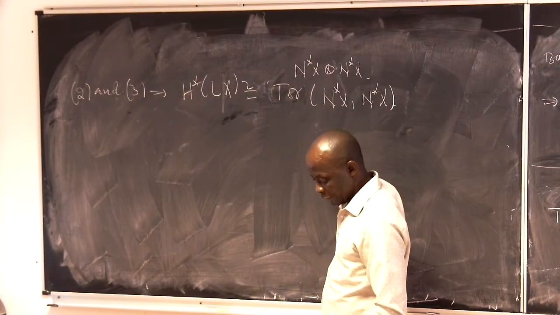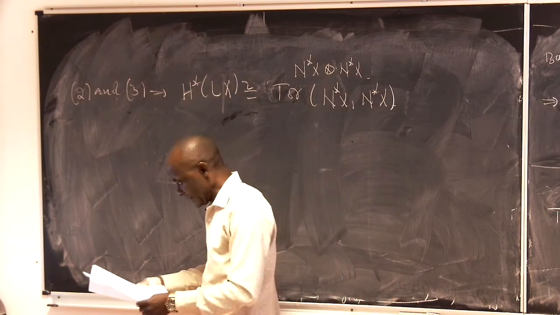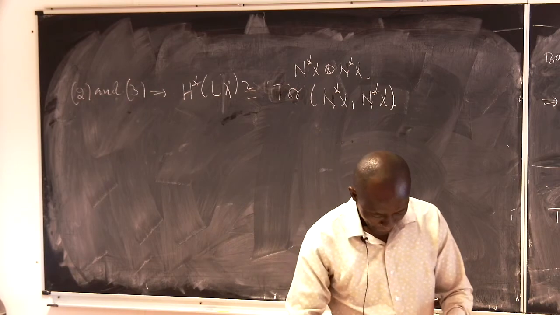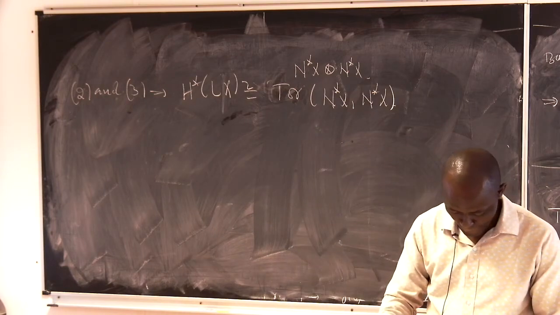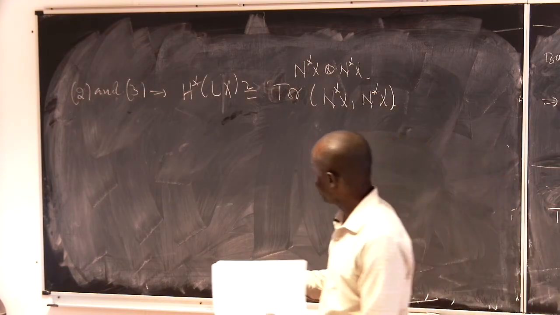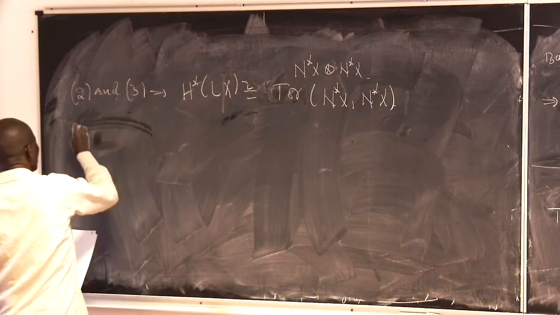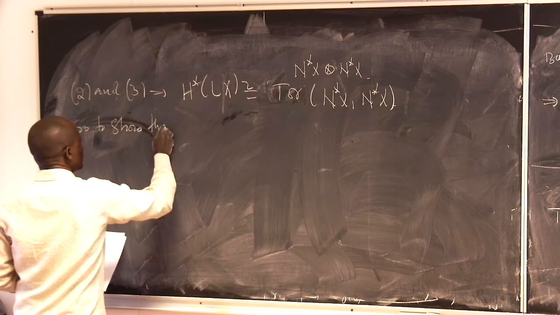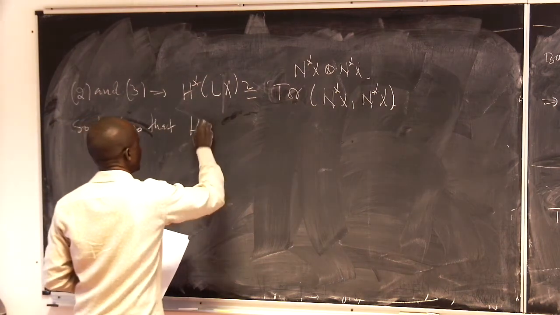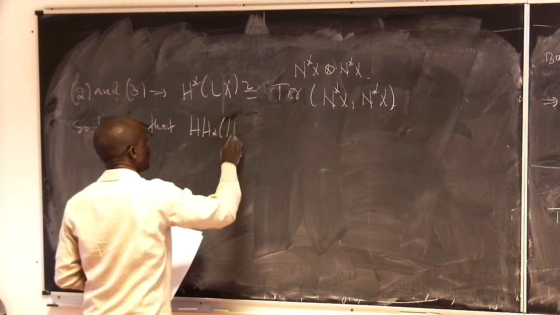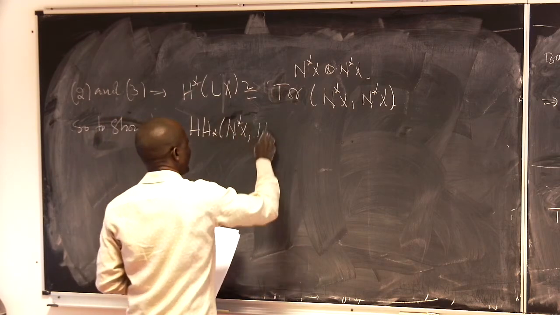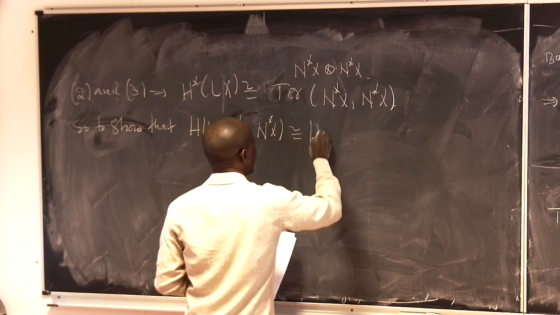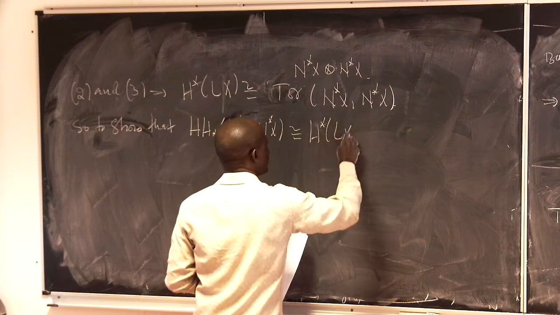And to do it, we will consider this algebra. Show that the Hochschild homology of the normalized angular quotient of X with coefficient is isomorphic to the free loop space cohomology.